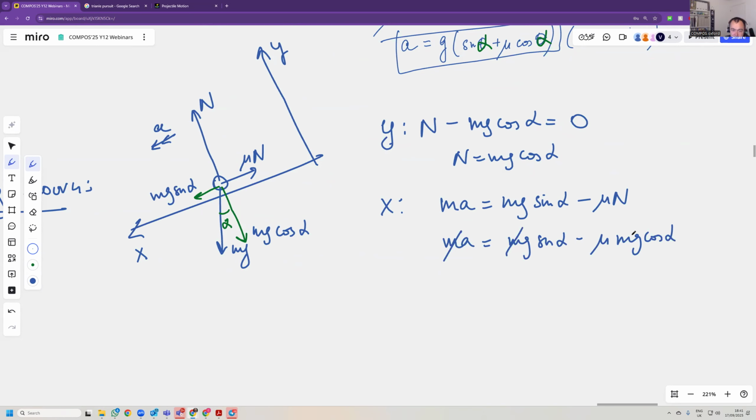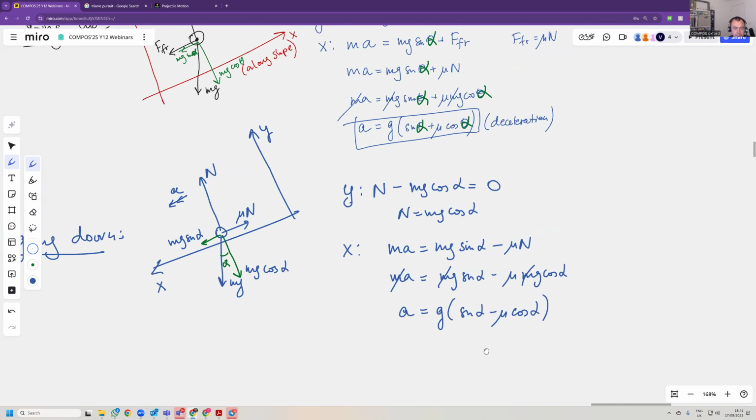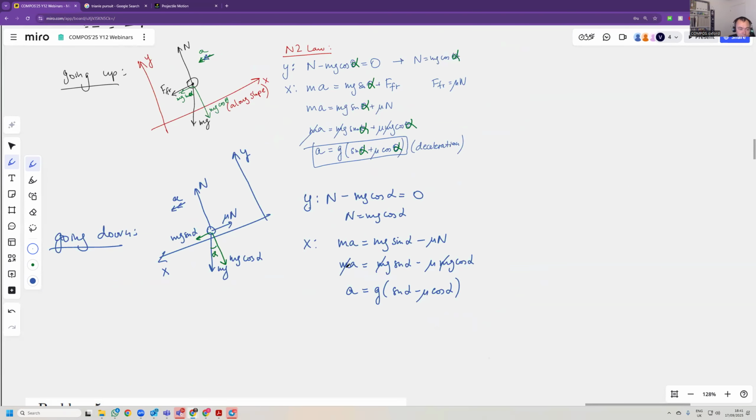M cancels, and you have a equals g (sine alpha minus mu cos alpha). So you can see that going down, the acceleration is smaller, and that does mean that it will take you more time.